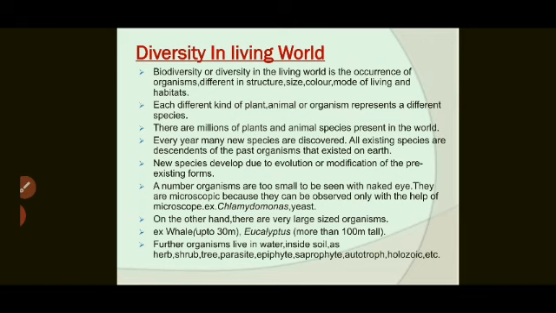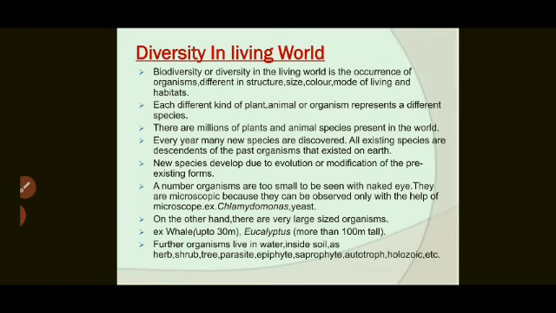The number of species that are known and described ranges between 1.7 to 1.8 million, and this refers to biodiversity, or the number and types of organisms present on earth.